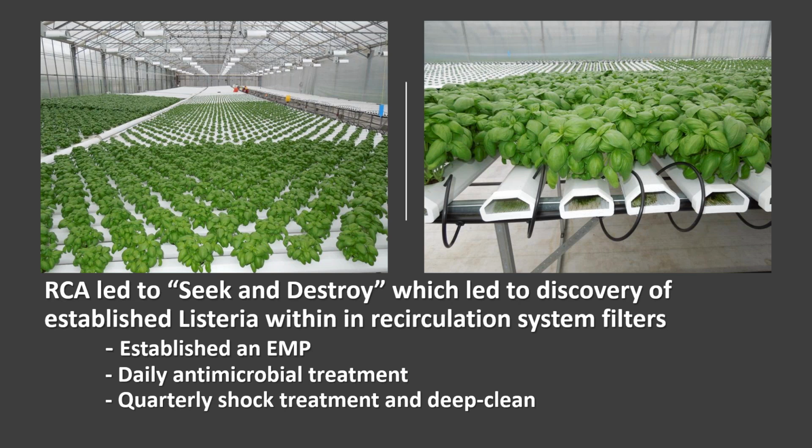So that led to establishing an environmental monitoring program, a level of antimicrobial treatment consistent with product quality and the management scheme that they had, and then periodic deep cleaning and quarterly shock treatment just as preventive controls.